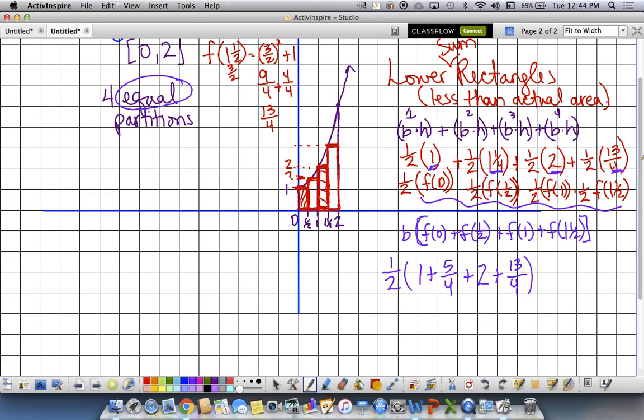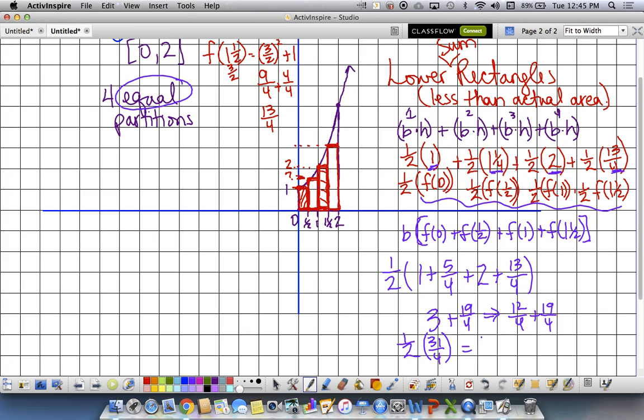Of course, you wouldn't be something nice. 3 plus 19/4. So I'm probably going to go ahead and change that 3 into 12/4 plus 19/4. 12 plus 19 is 31/4. Whew. So what is a half of 31/4? I don't know. It looks like 31/8 to me.